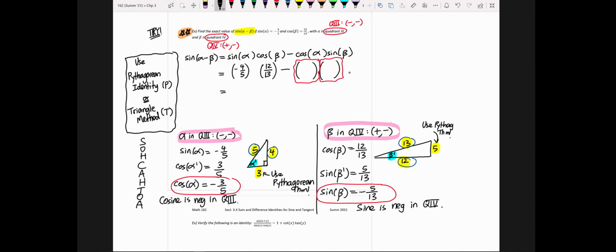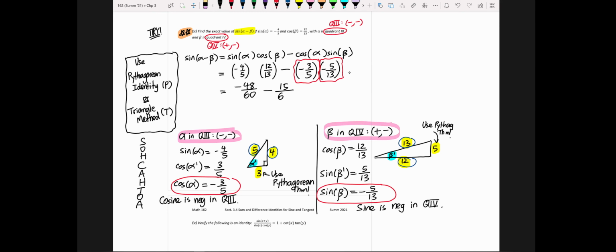So we found those red boxes. We found that cosine of alpha is -3/5. Sine of beta is -5/13. So our sine of alpha minus beta is -48/60 minus 15/60.